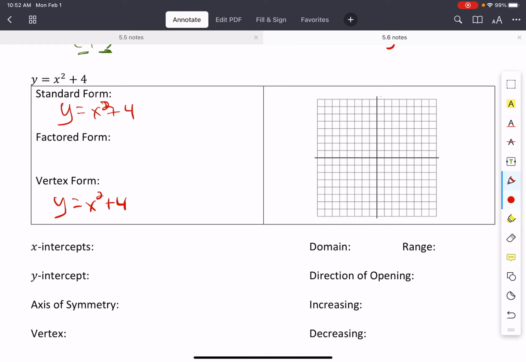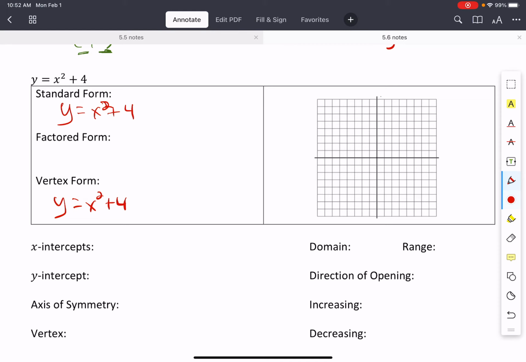Again, don't try and do the factored form on this one yet, okay? Because the factored form on this one's weird. So just answer what you can. It looks like almost everybody's just about done with that. I'm going to wait just another 20 seconds. So I told you guys to hold up on the factored form, which means we can't do the x-intercepts.